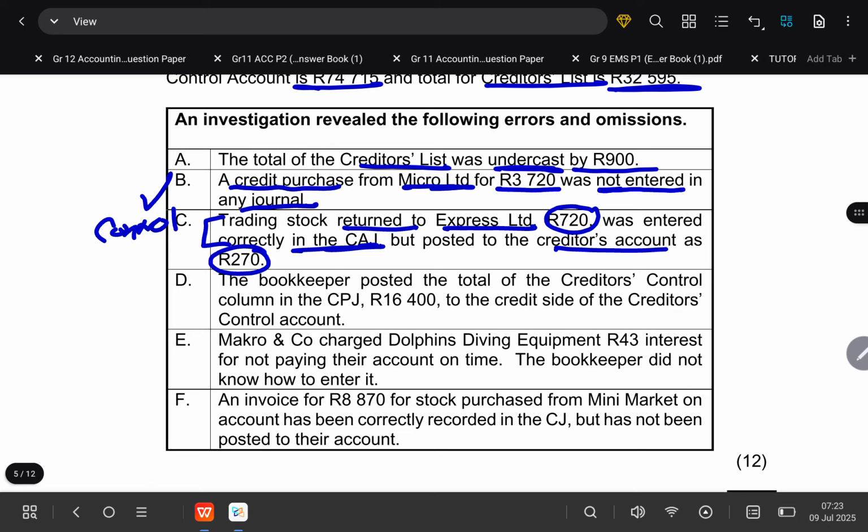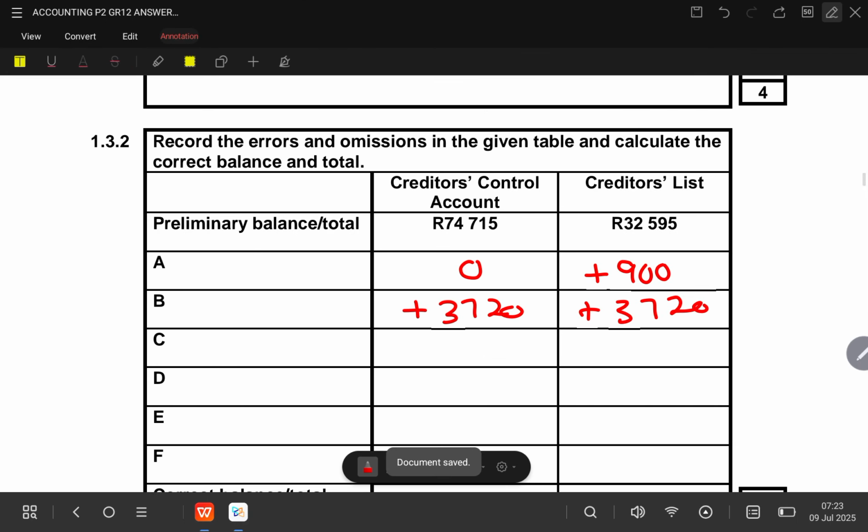So if we say 720, then we say minus 270, it is giving us 450. So it means that we need to go back to our list and reduce it by 450. So remember, on the control account, nothing, and then on the list is minus 450.